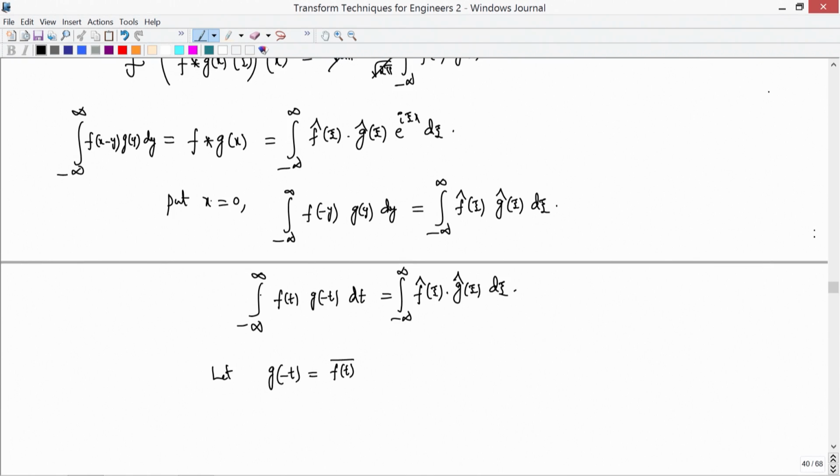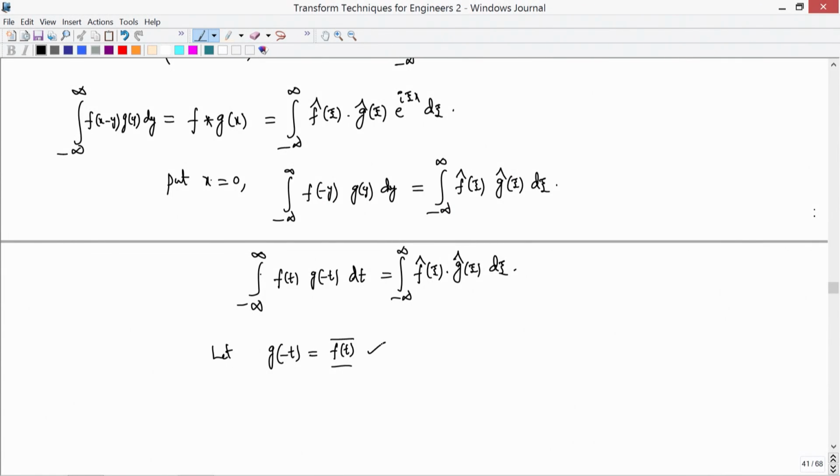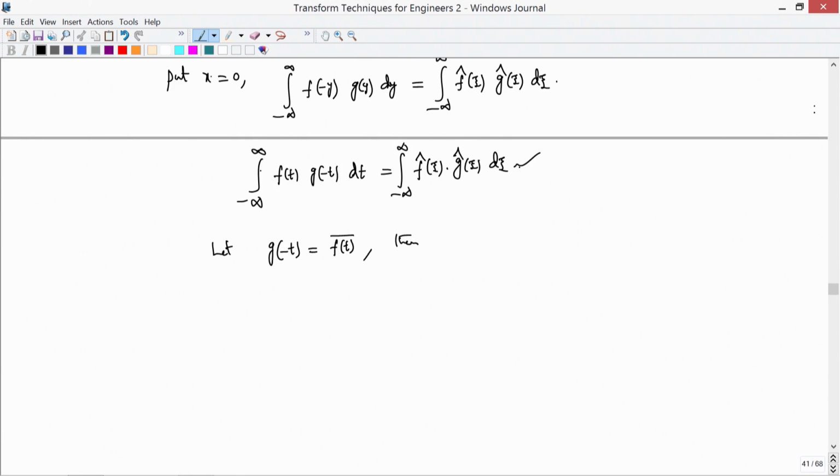In that way, if f is an absolutely integrable function, then f bar, the conjugate of f, is also absolutely integrable. So, you can choose g such that g of minus t is f bar, and then g of t is also an absolutely integrable function.